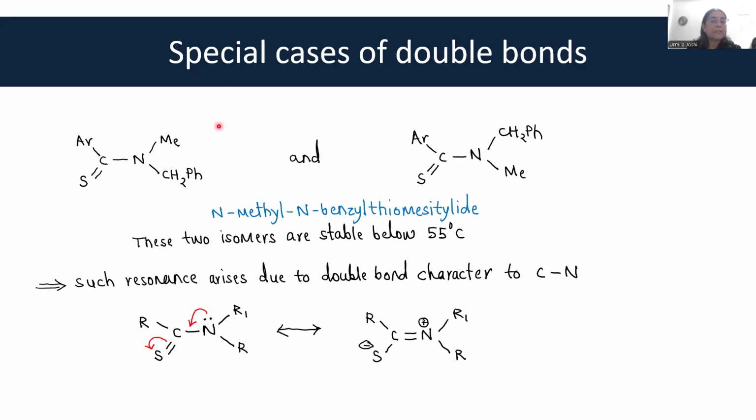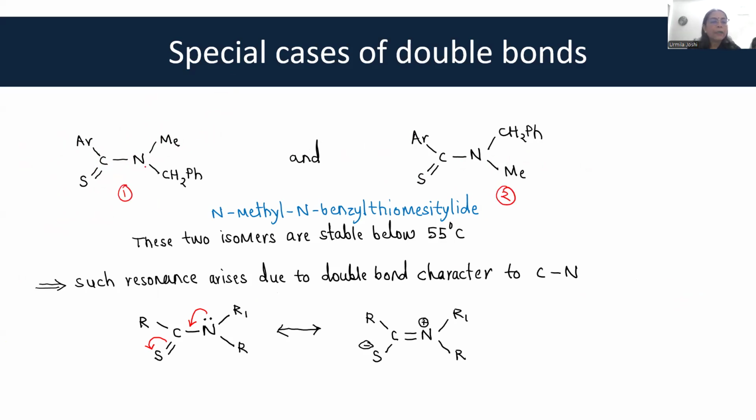Now, special cases of double bonds. Have a look at this. This is a thioketone. Okay, there is no double bond between carbon and nitrogen in this structure. But look at this compound number 1, as I will call it. Okay, this is compound number 1 and this is compound number 2.